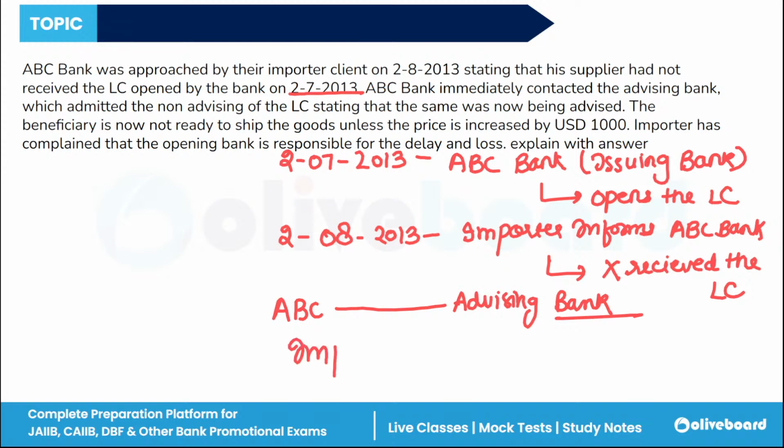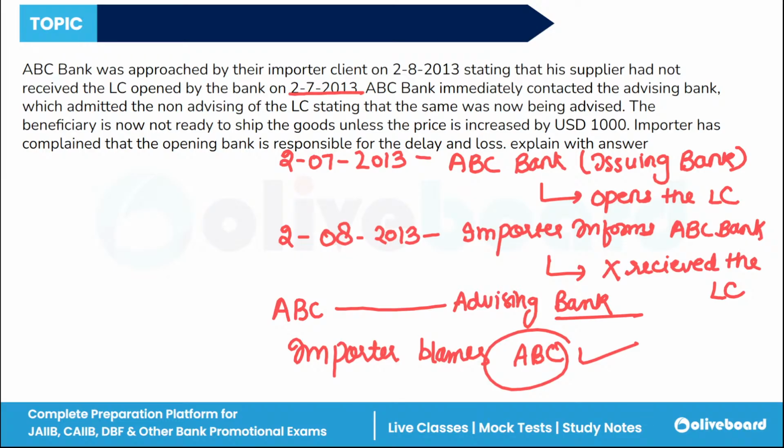Then the importer blames ABC Bank for the delay and the resulting loss. So the issuing bank, which is ABC Bank, has to issue the LC at the request of the importer, and the advising bank advises the LC to the beneficiary without any obligation, and the supplier ships the goods according to the LC terms and presents documents to claim the payment.